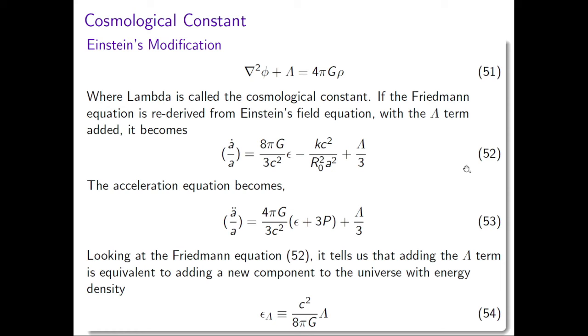In this case, Einstein was able to justify, and it was acceptable by the laws of physics, that lambda can take the value 4 pi G times rho. But Einstein had just put in a constant in order to justify his steady state universe.